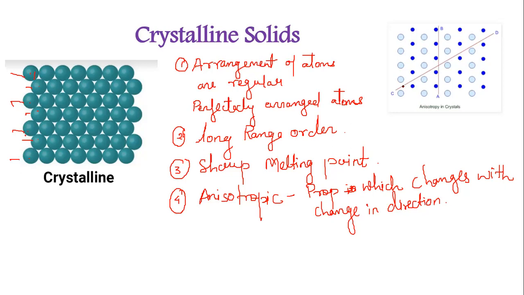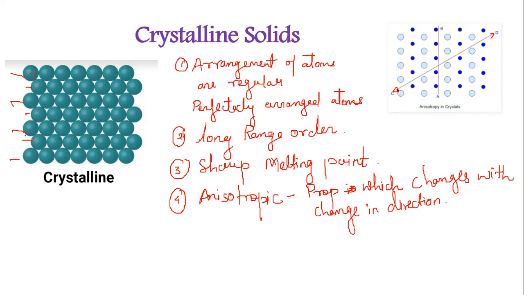Why does this happen? You can see, if you go in the direction C and D, the atoms which come in that direction are different.